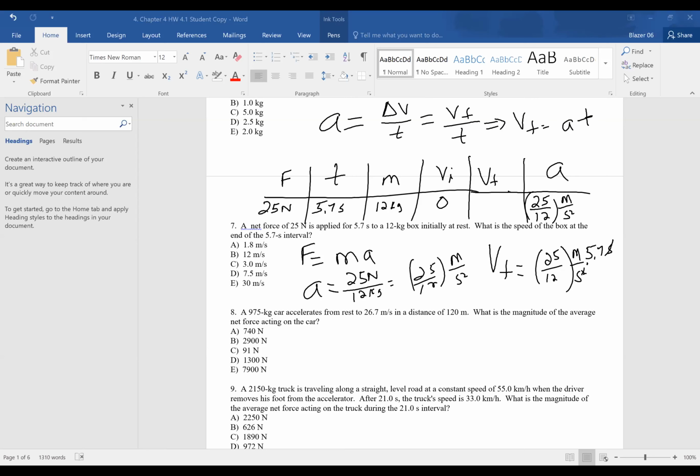I can't see how anybody would not be able to solve it. You're multiplying 25 times 5.7 and dividing it by 12. But so far, only Nigel can solve such a simple problem. That is not good. I'm inclined to believe that the others of you are not here.